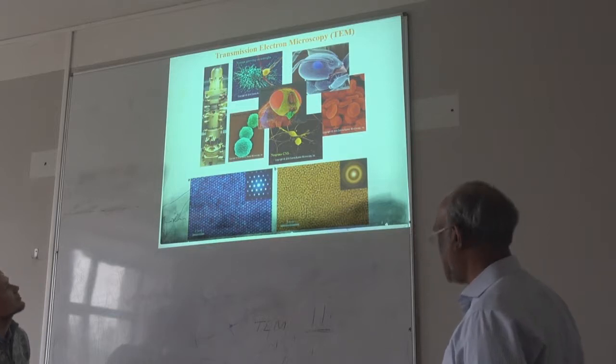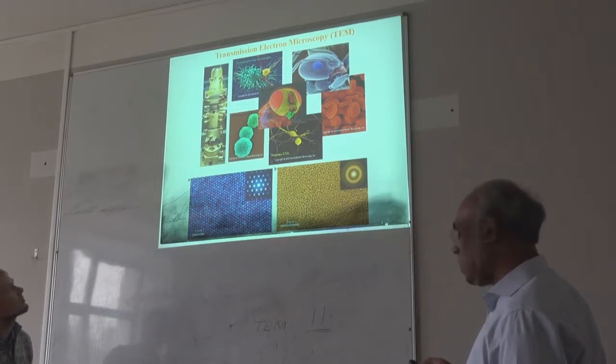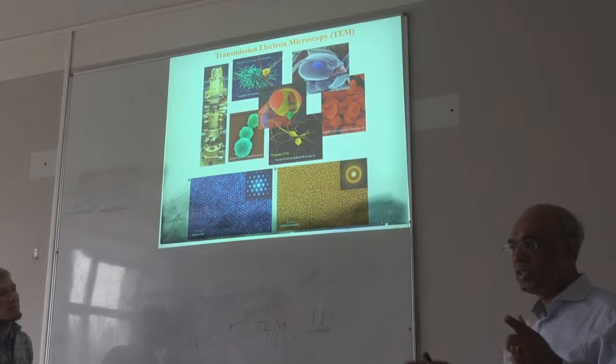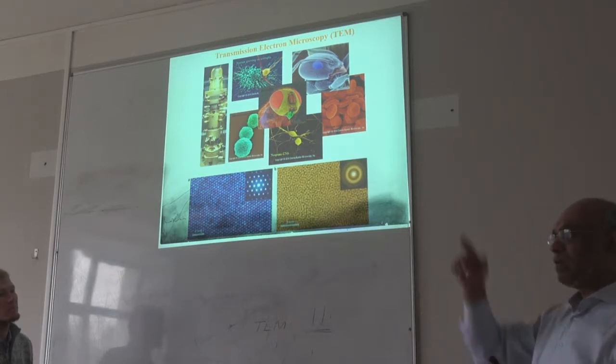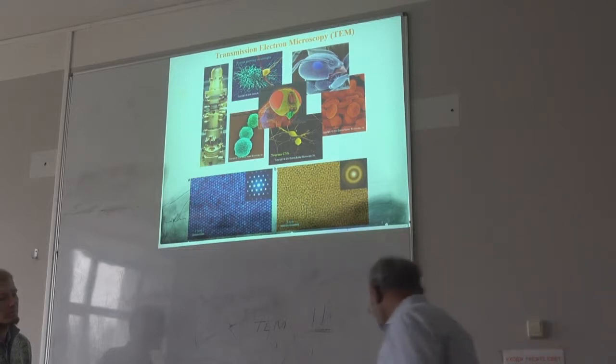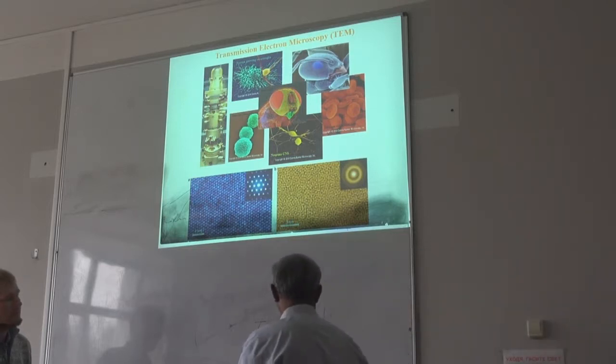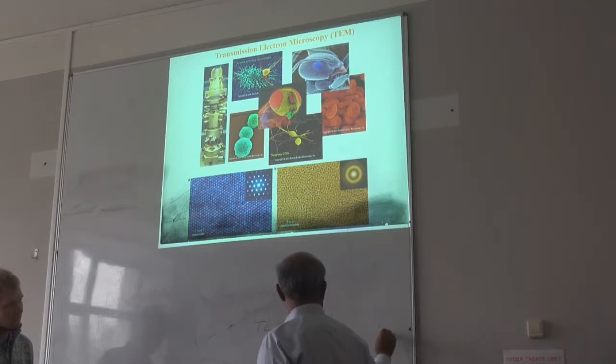Also later I'm going to talk about diffraction. Everybody is familiar with diffraction. We are talking about electron diffraction. If electrons are coming in and get diffracted, you can look at your K1, K2.